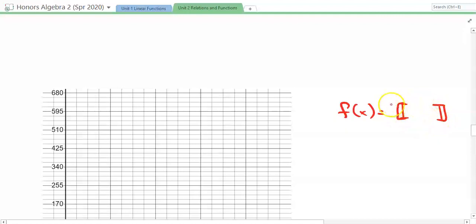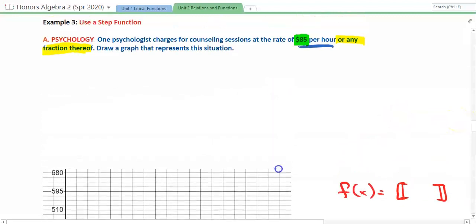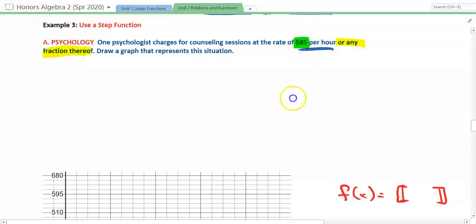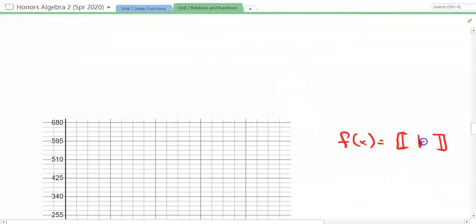And our function will go in here. Now, again, we could have parts outside, as we talked about with transformations yesterday, where this is translated up or down, and we're going to see that in this case. We're told that it is $85 per hour. The hours is what we're rounding up, so h will go in here, or in this case, we'll use x since that's the variable we used out here.